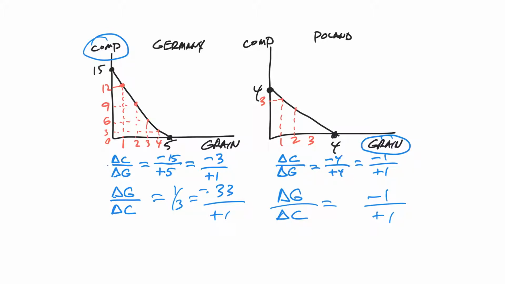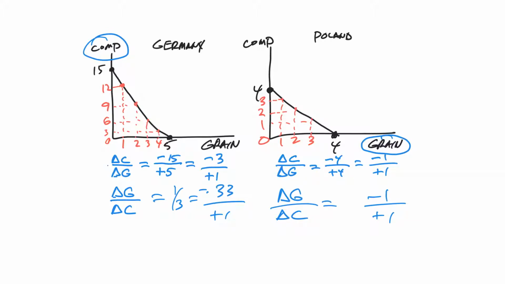A second unit of grain, they're going to have to give up another computer, so they go down to 2 computers. That third unit of grain, they have to give up one more, that brings them down to 1. And if they do a fourth unit of grain, they're going to have to go down to 0 computers. So those are all the points along Poland's production possibilities.